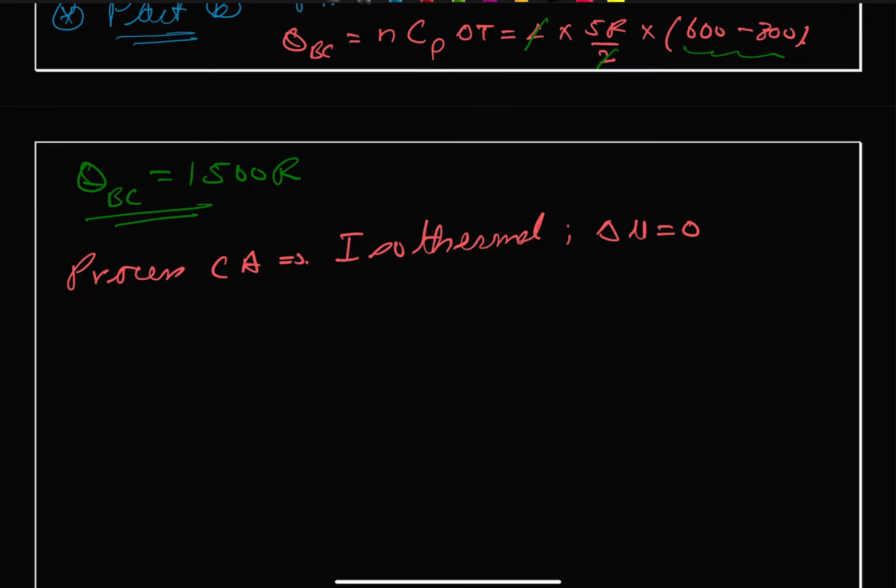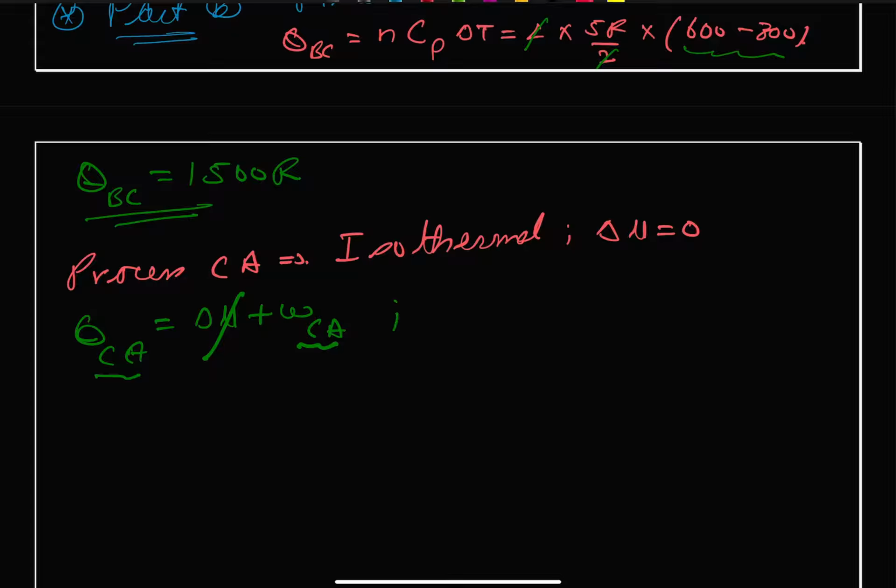Using the first law of thermodynamics, QCA will be equal to the change in internal energy plus the work done for CA, and since delta U is 0, it doesn't matter. So simply we find the work done, and that will be equal to the heat.